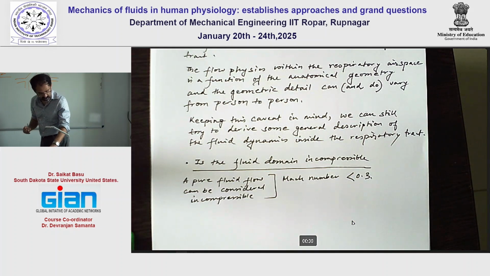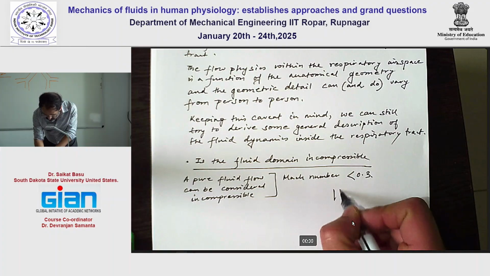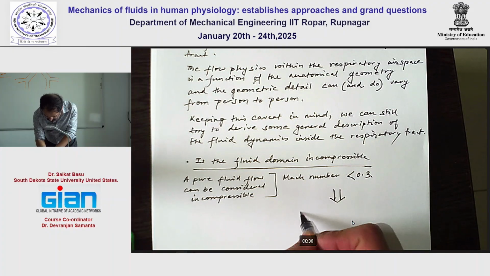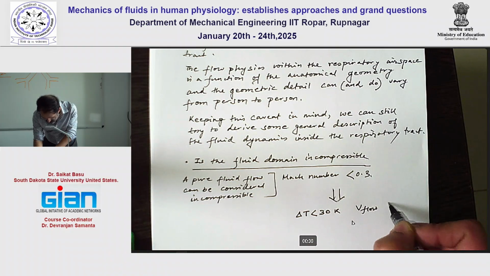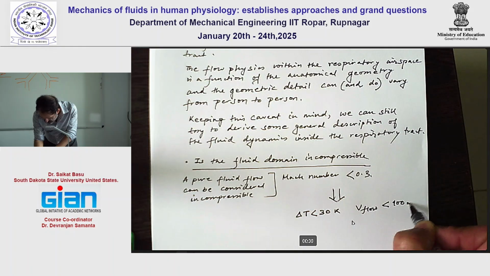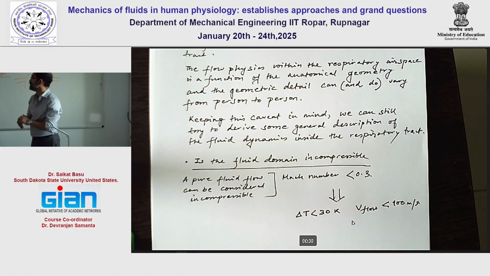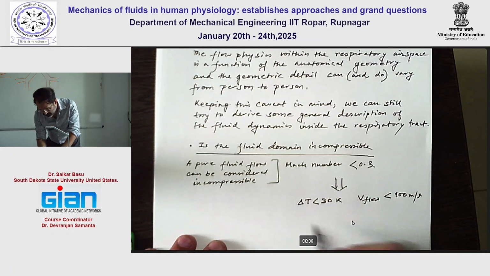Now, that is true if the delta T is less than 30 Kelvin and the flow velocity is less than 100 meters per second, both of which are reasonably true in our case.